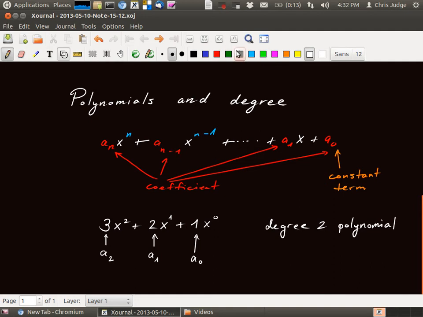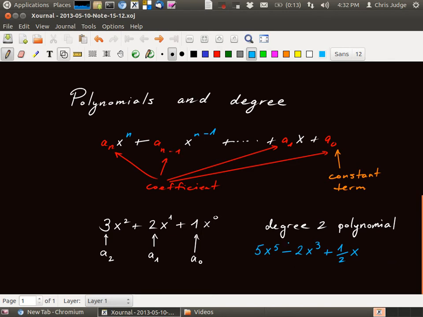Okay, another example. We could write 5x to the fifth minus 2x to the third plus 1/2 x, and that would be a polynomial too. In this case, the constant term is missing. It's actually implicit. There's a 0 there, but we usually don't write it. The constant term is 0.